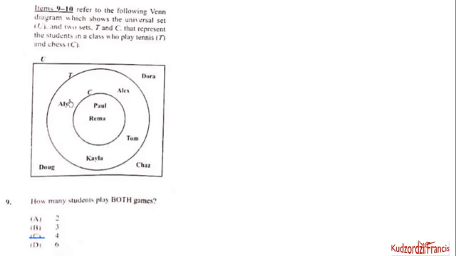So let's first of all find the number of students who play all the games. Number of you is equal to 1, 2, 3, 4, 5, 6, 7, 8, 9. So it will be 9.